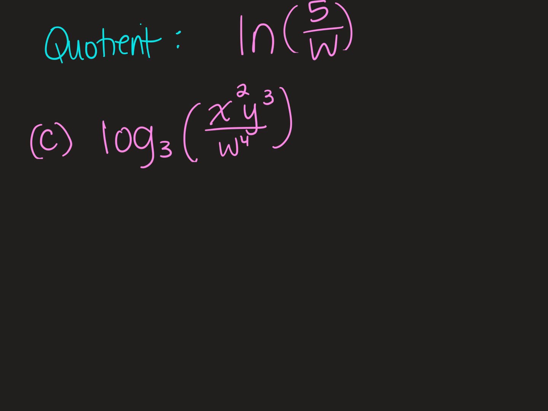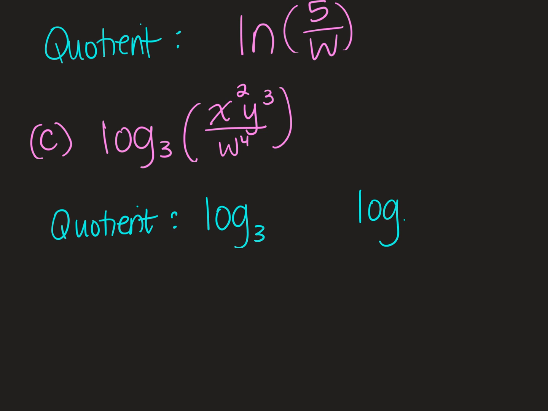So the first thing I'm going to do is address that quotient. So I'm going to get rid of my quotient by using the quotient property. Okay, so I'm taking it from one logarithm and I'm going to write it as 2 logarithms, addressing the quotient property. Now I know my 2 logarithms have to have the same base, and I'm going to be subtracting the second logarithm.